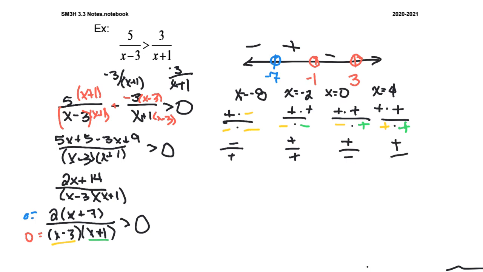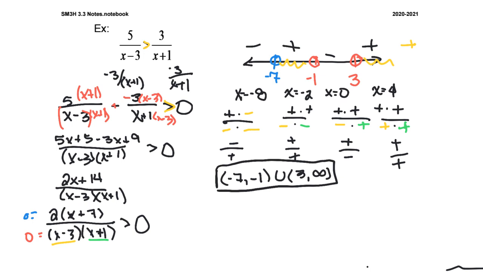And a positive divided by a positive is positive. So I'm looking for where my values are greater than 0, because that's the side that I had. And so I want my positive values again. So it's this section and this section. So my solution is -7 to -1 union 3 to infinity. None of them being included.